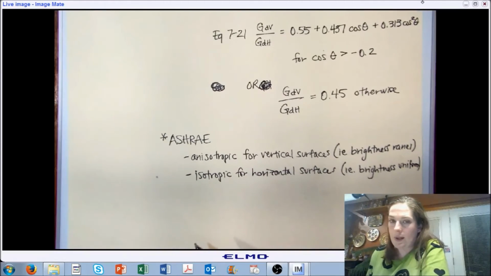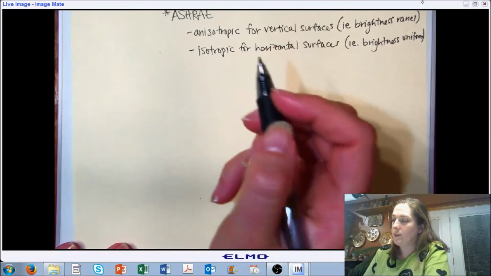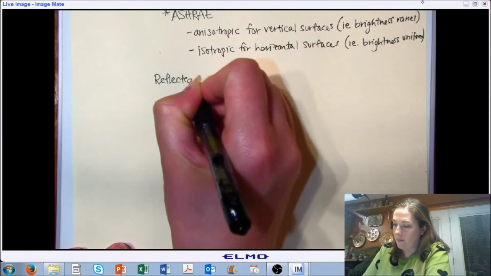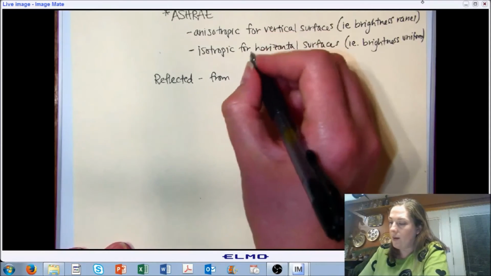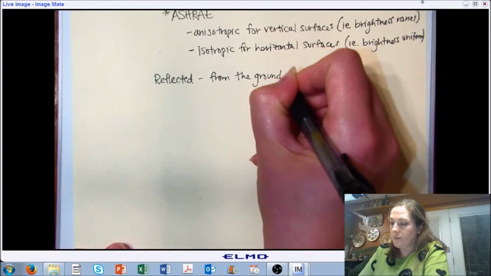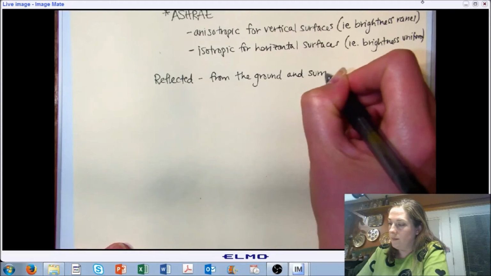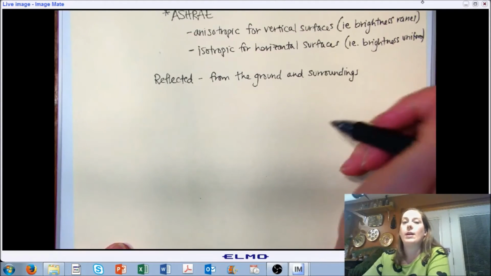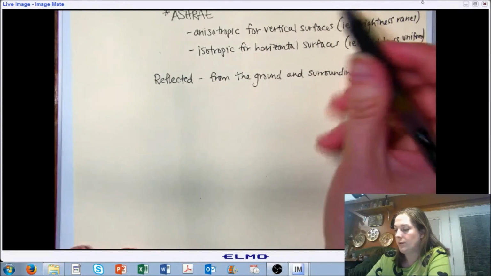The last portion that we need to put a value to is our reflected radiation. And it's going to be reflected from the ground and surroundings. There's a couple of scenarios we could think of that you might have some significant impacts of reflected radiation.